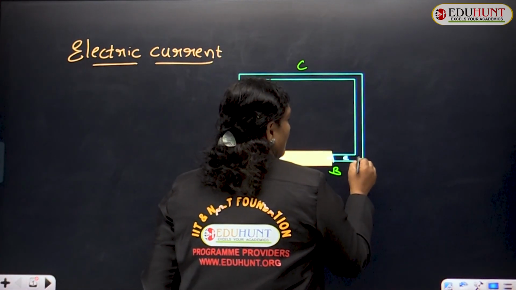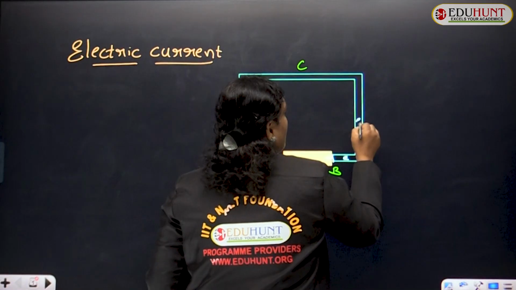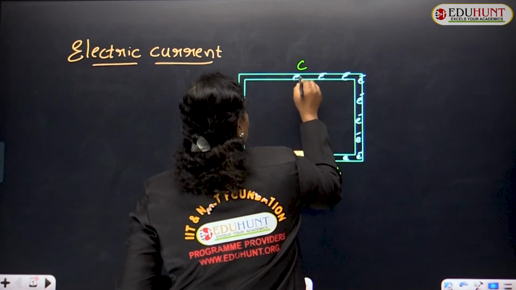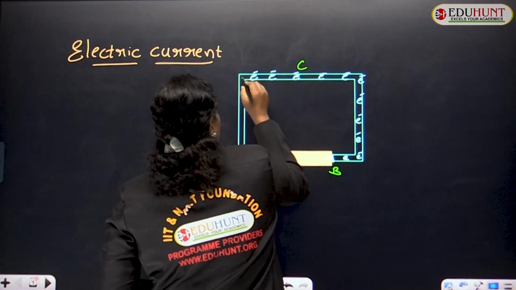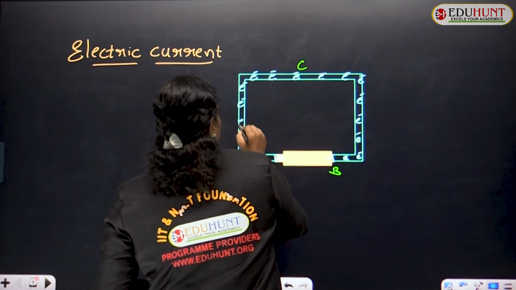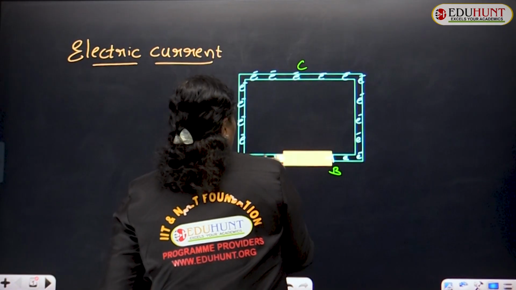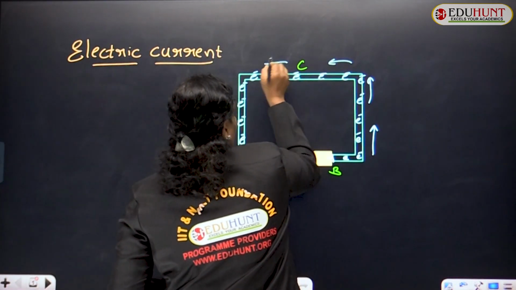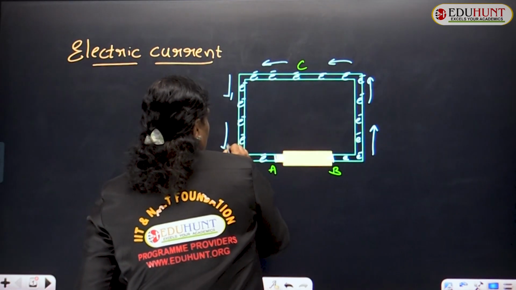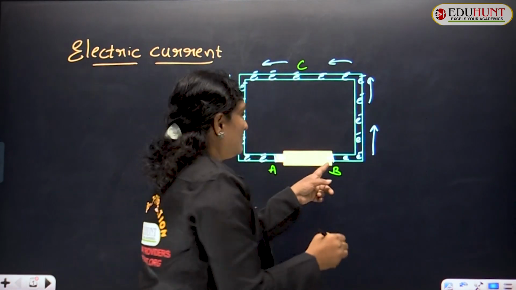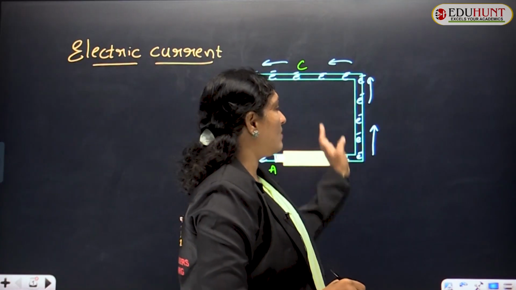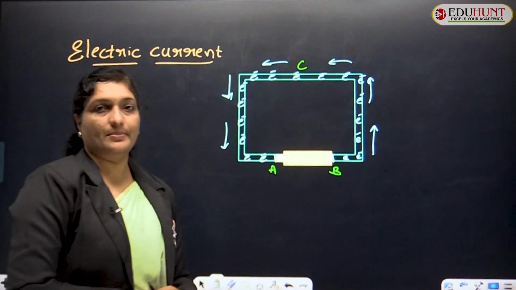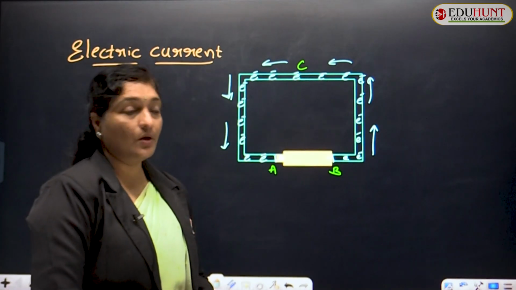These free electrons start moving from the negative terminal. This is your negative terminal. The electrons come out from the negative terminal to the positive terminal in the metal. Okay.